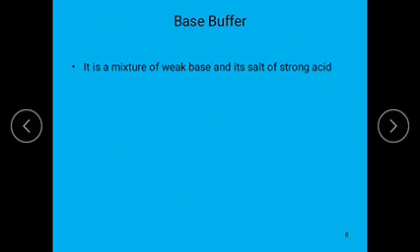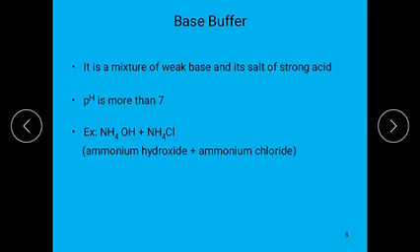Next is the basic buffer solution. This can be prepared by a mixture of weak base and its salt of strong acid, and its pH is more than 7. An example is ammonium hydroxide, a weak base, which reacts with a strong acid like HCl, and the salt obtained is ammonium chloride.